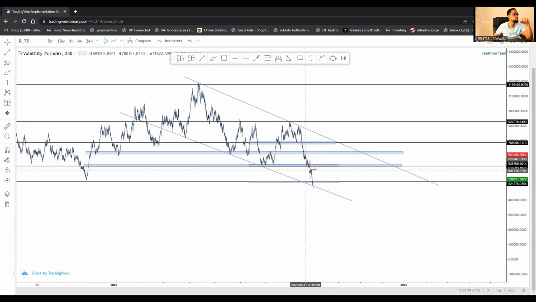So there's no reason for me to buy at this level, even if the market can go up for whatever reason. My statement or my bias is selling and going down with VIX 75.